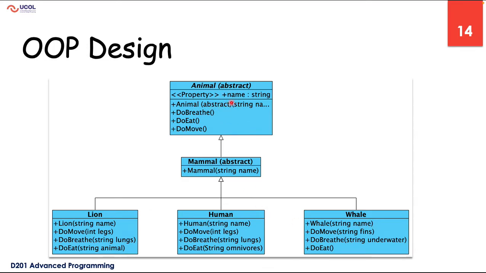So that's why they are both abstract. The details of do breathe, do eat, do move, we can leave without implementation. Just write those methods and say that these methods exist in the animal, and these methods also exist in mammals. But when we talk about lion, we can have the object of the lion. It means that we need to implement the details of those methods.